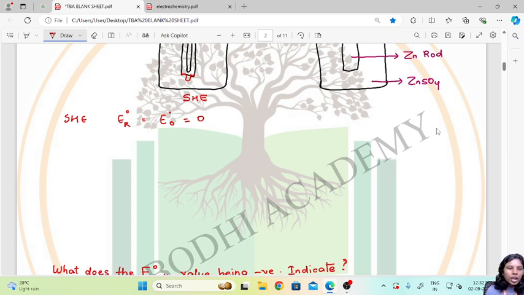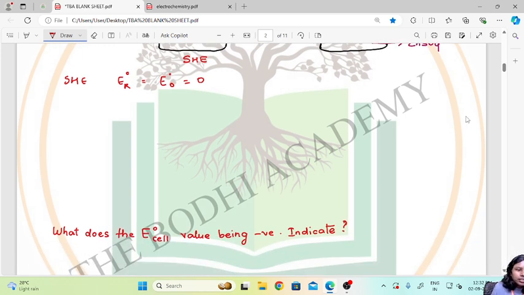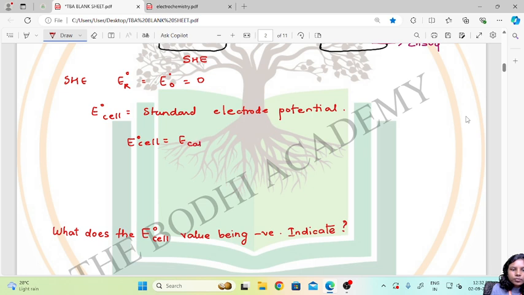Okay, so now here if we have to write the equation, that is E naught cell equals standard electrode potential. So now I can write it as E cell equals E cathode minus E anode.